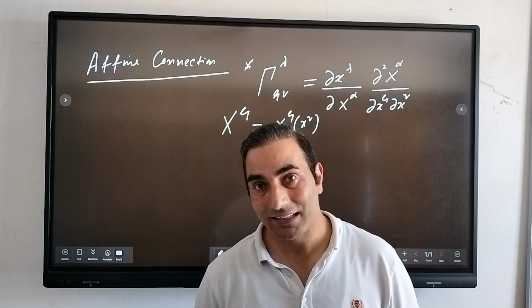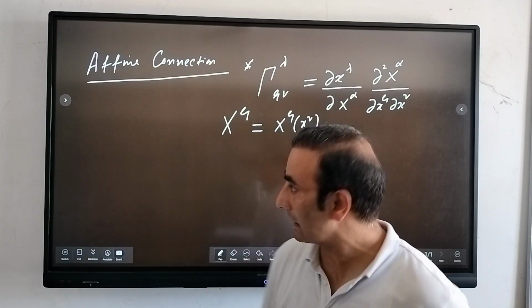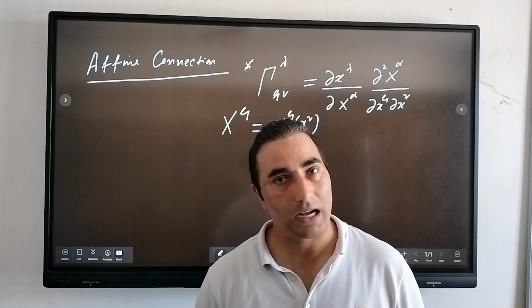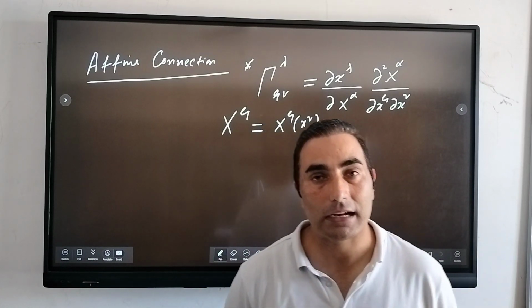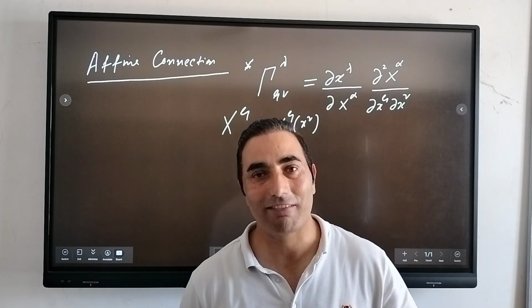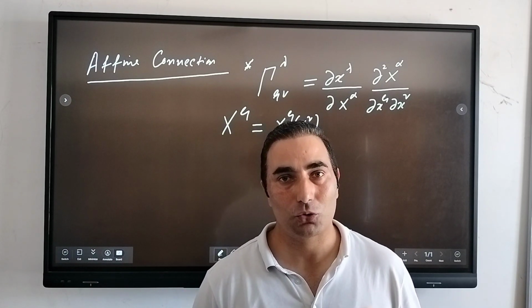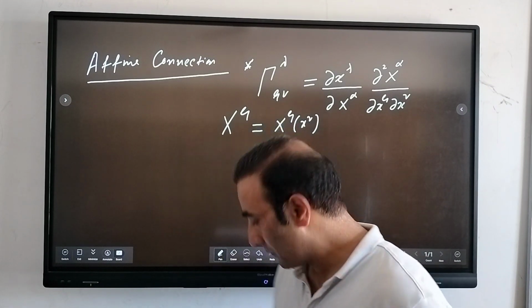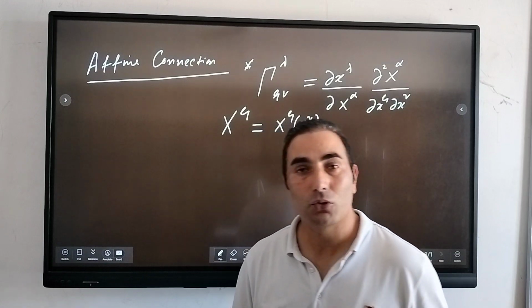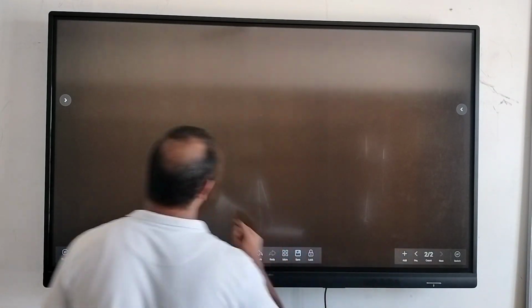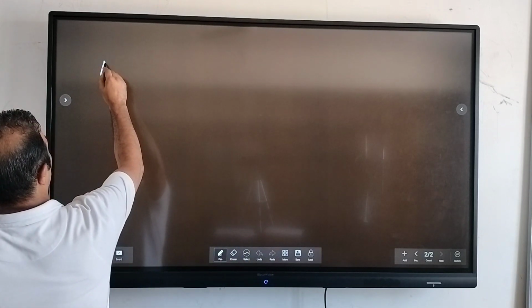And in the limiting case, this affine connection, gamma lambda mu nu, basically corresponds to our gravitational field, right? So today's lecture is about the Newtonian limit: at some limiting value, this affine connection gives us the gravitational field.